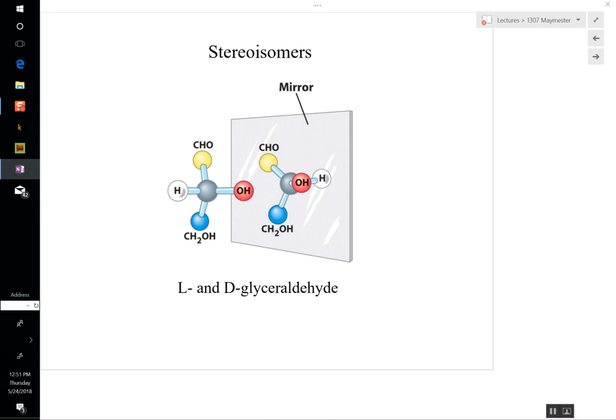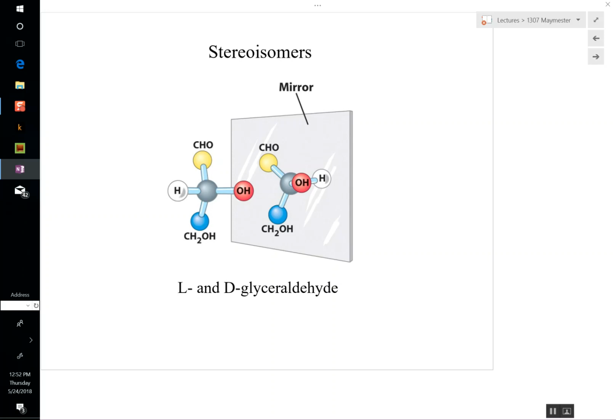With me? So these are 2 different molecules. One's D and one's L. And we're going to figure out now which one is D and which one is L. And then we're going to compare the bottom of your glucose to D-glyceraldehyde and figure out whether your glucose is D-glucose or L-glucose. These are our reference molecules.